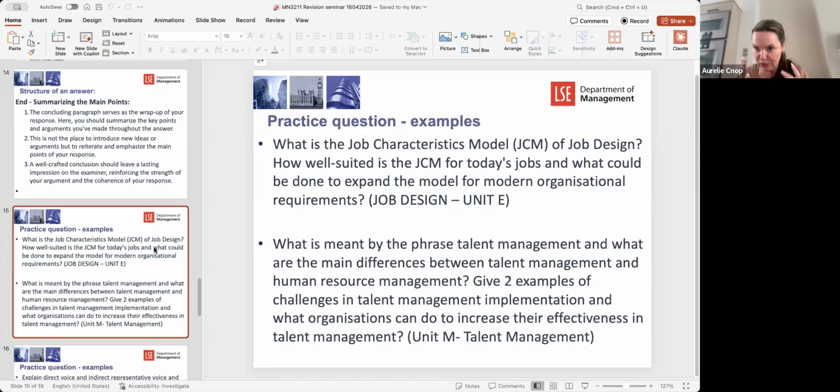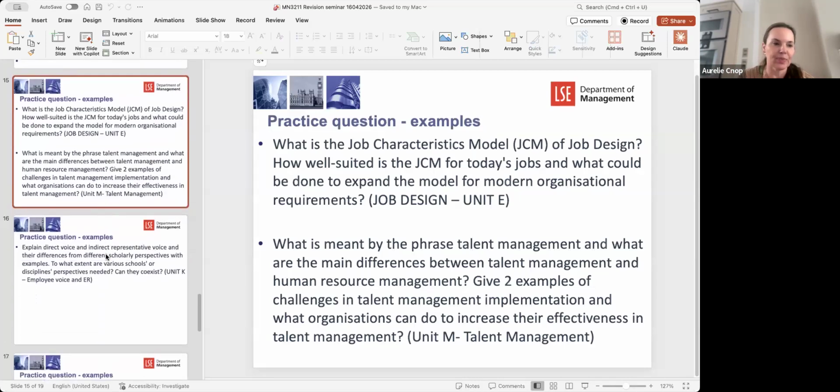Yes, you need to define talent management, that's what we're asking you in the first sentences. But after that, you immediately start to talk about the difference. So you can talk about talent management and human resource management by explaining and contrasting both. That's the kind of thing that will be expected in this type of question.